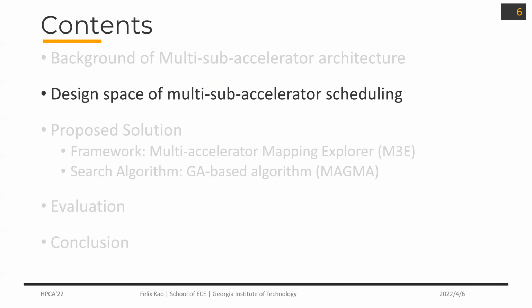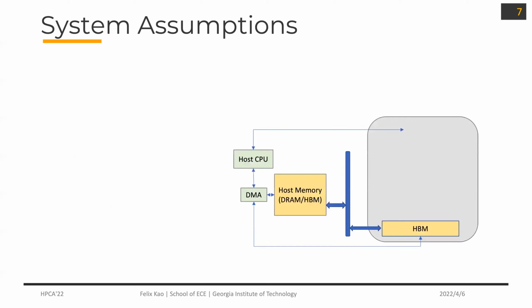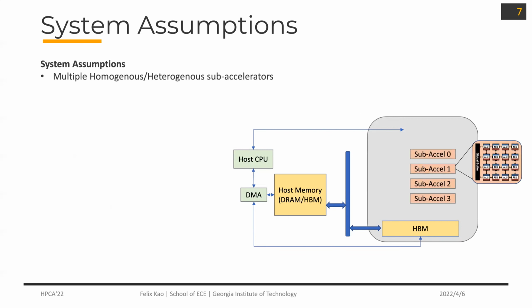Next, I will share how we describe the design space of this. First, let me set out some context on our system assumption for our multi-sub-accelerator architecture. The accelerator will receive the workload from the host via HBM. In the accelerator, there are several homogeneous or heterogeneous sub-accelerators.